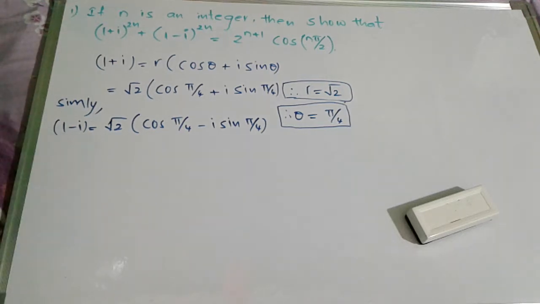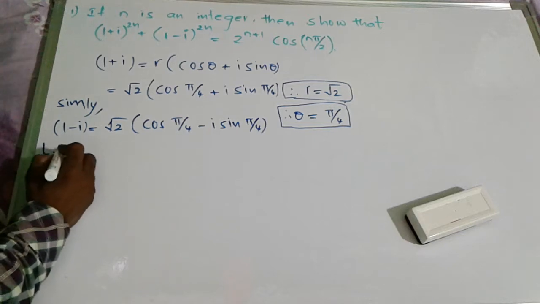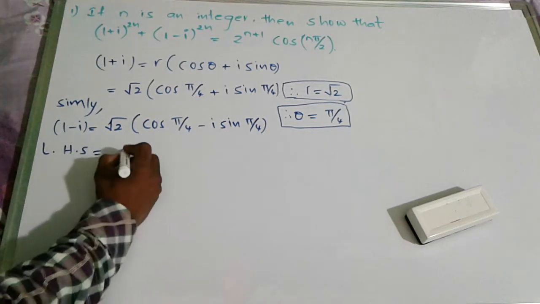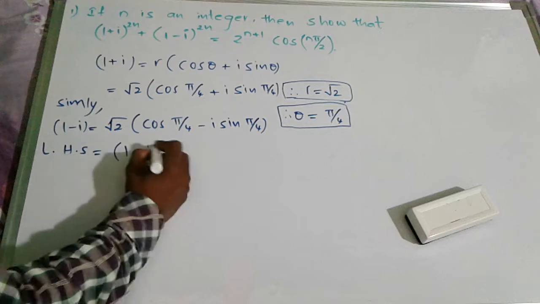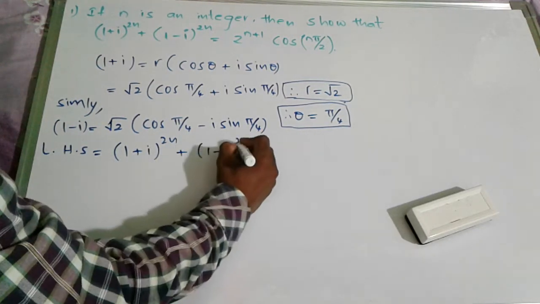In order to do that we have to consider the LHS part. Consider the LHS part: 1 plus i whole power 2n plus 1 minus i whole power 2n.